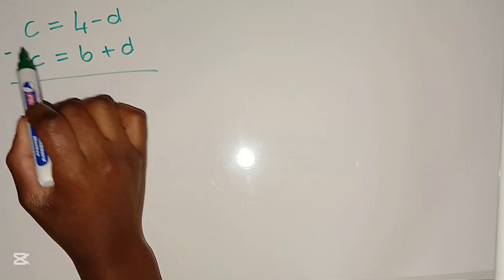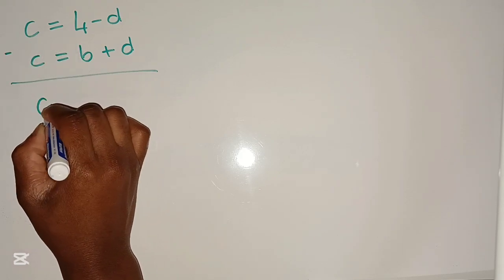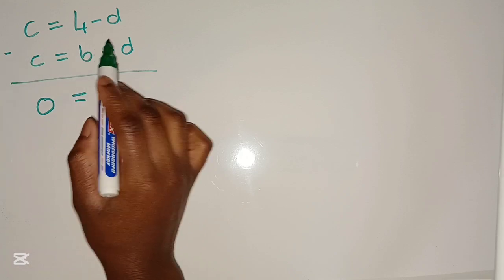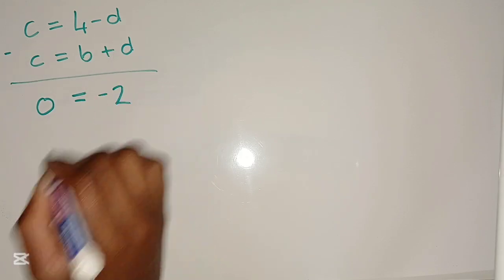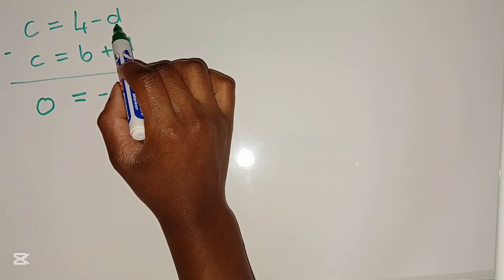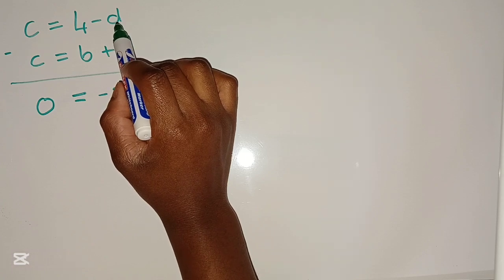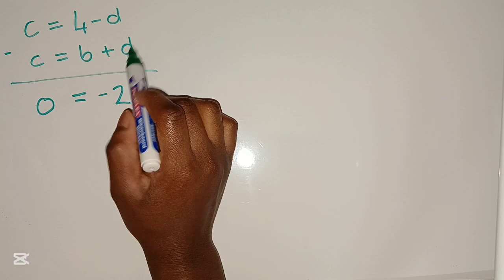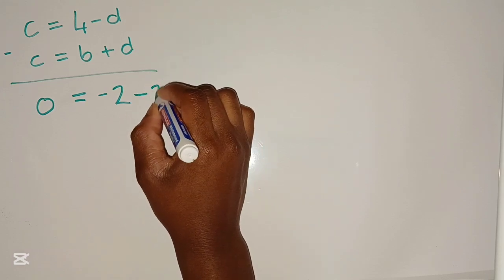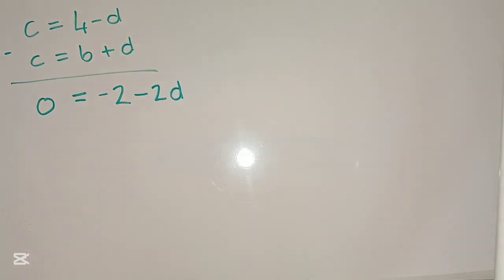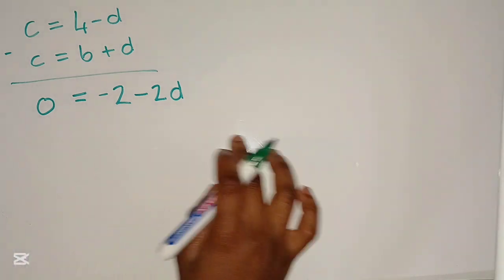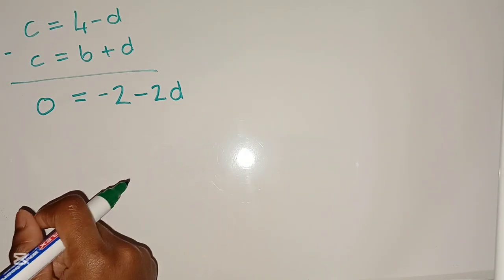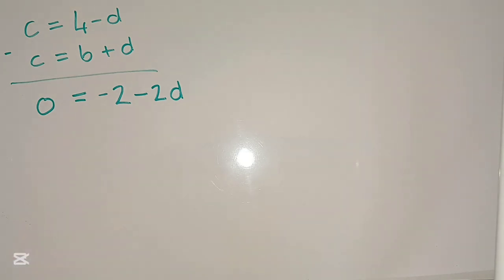So C minus C is 0. 4 minus 6 is negative 2. Negative D, which is negative 1D, minus positive D will give me negative 2D. Now, as you can see here, we only have one unknown variable that we can solve, which makes things easier.